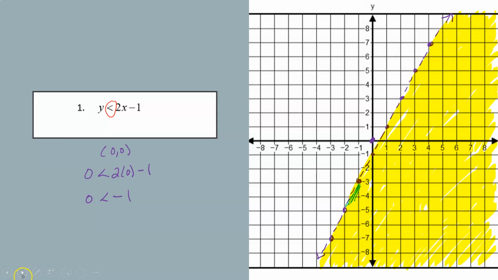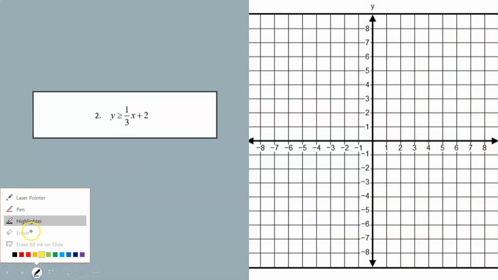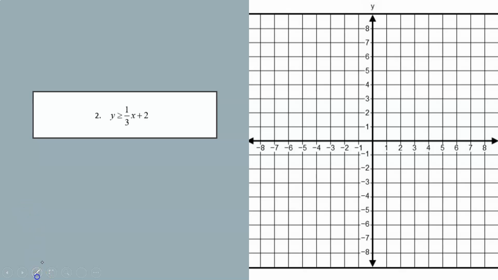Okay, let's try another one. Okay, I need a pen. Already in slope-intercept form for us, so I'm going to start at 2, go up 1 over 3. Okay, so this one says greater than or equal to, so this is a solid line.